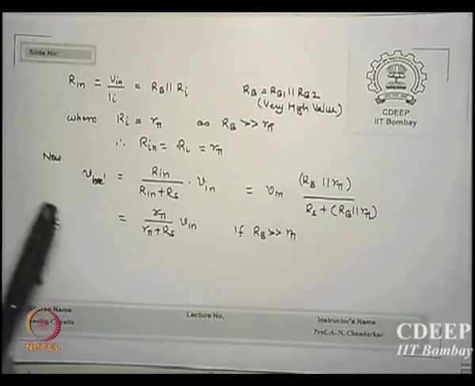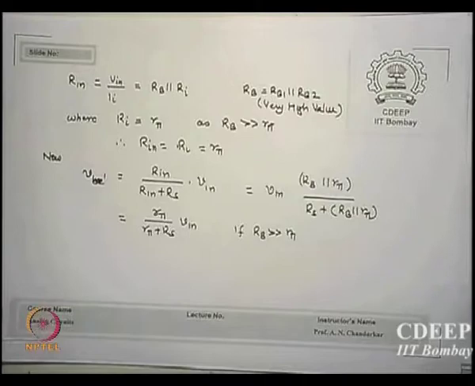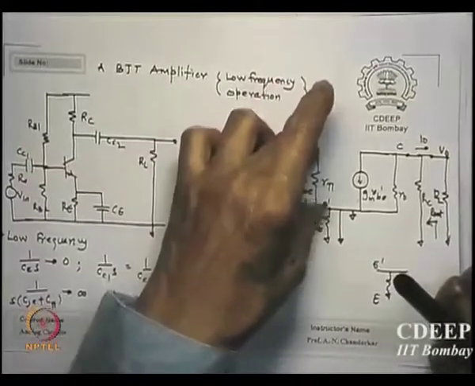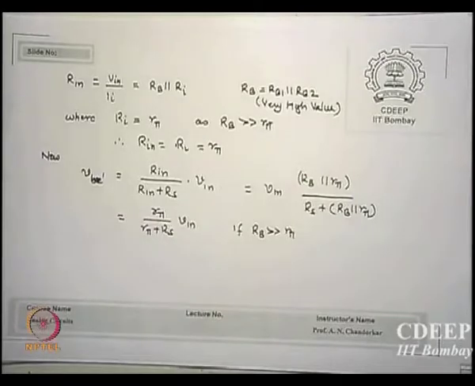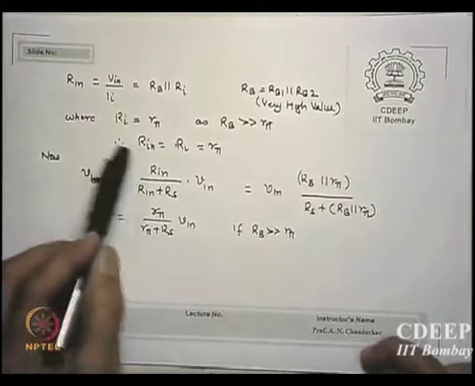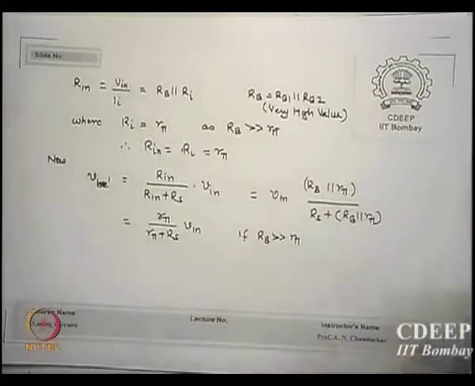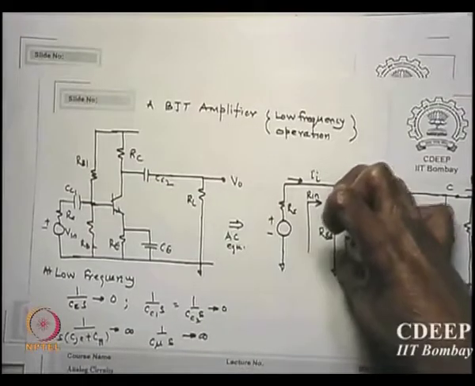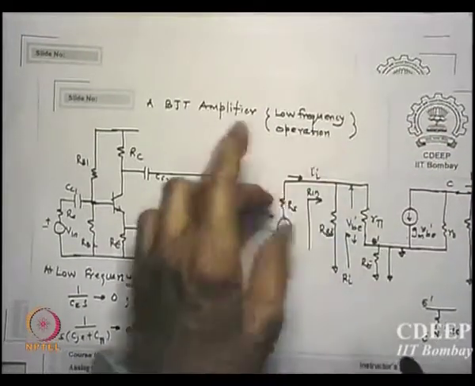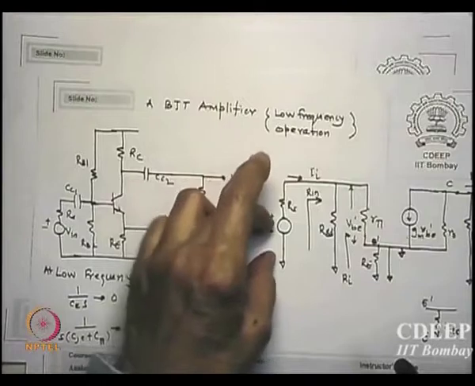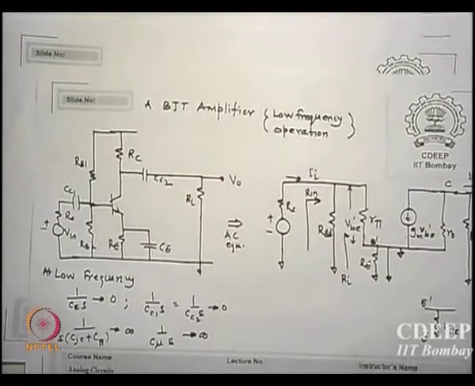Okay, so how much is the voltage across R pi? This value VB dash is Rin upon Rin plus RS, now RS is the signal source resistance. So please remember, Rin upon Rin plus RS times Vin is your VB dash, is that okay?